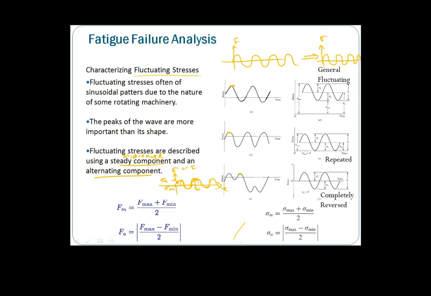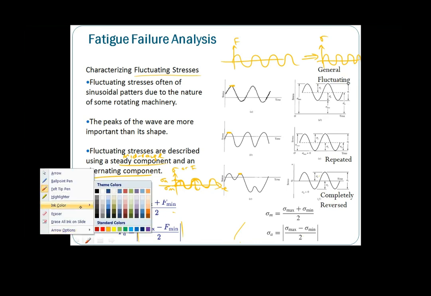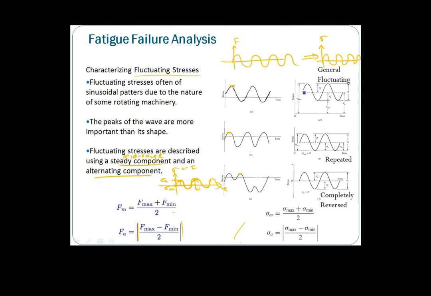So our Fm, the mid-range force or load, is maximum plus minimum divided by 2. If I want to find our alternating force, then it's F max minus F min divided by 2, so it's absolute values. Right. So for general fluctuating stresses or force, if you're looking at this graph, then you have a sinusoidal function, and it could happen anywhere.